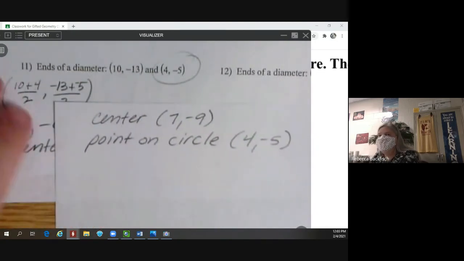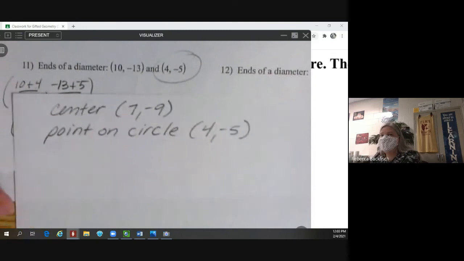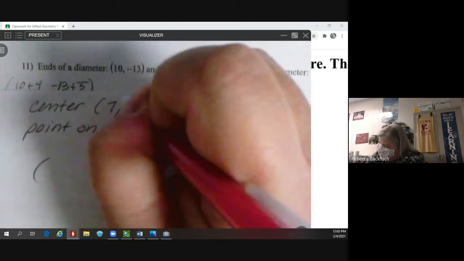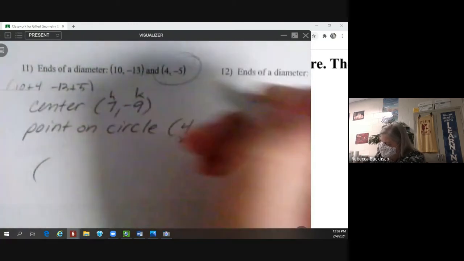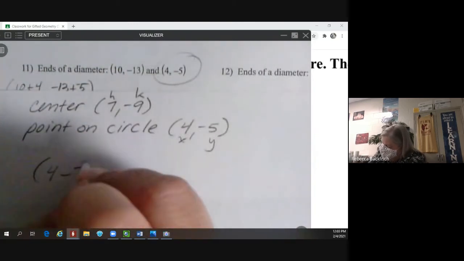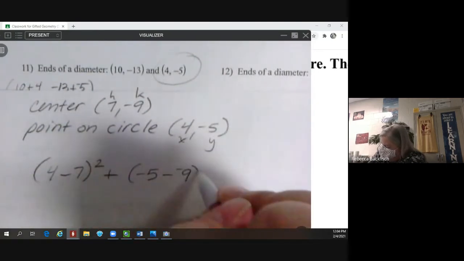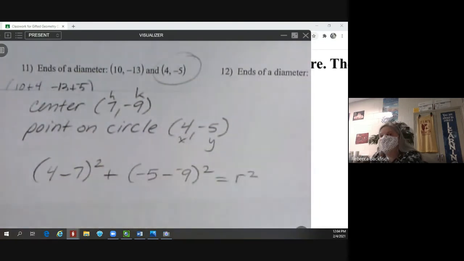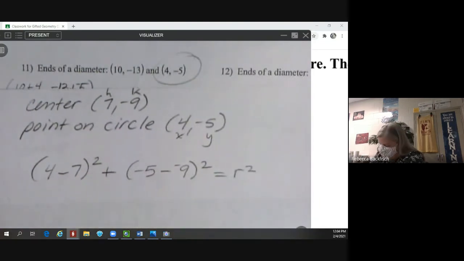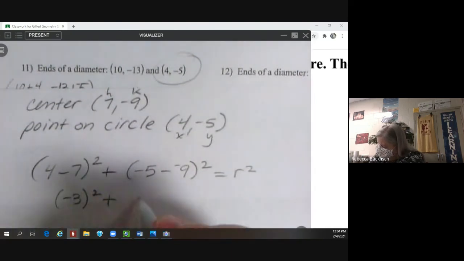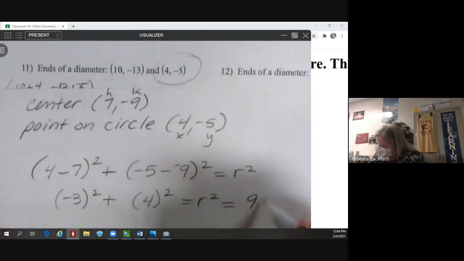And then we're going to do exactly what we did on the last two problems. We're going to plug in. This is my x, y, h, k: (x minus h) squared plus (y minus k) squared equals r squared. -3 squared plus 4 squared. -3 squared is 9, 4 squared is 16, so r squared is 25.